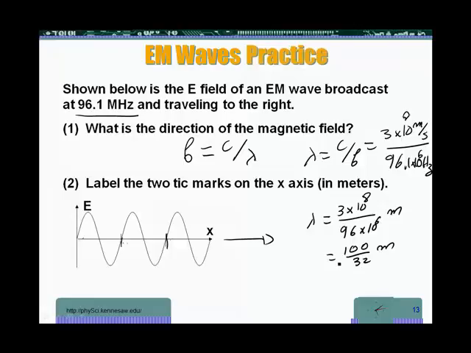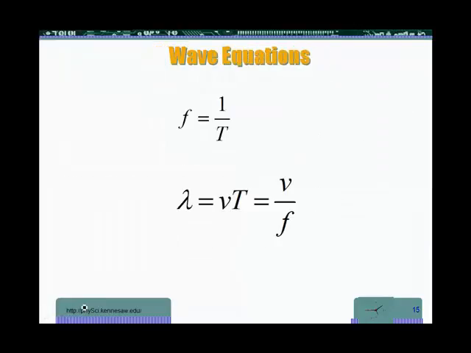That's equal to 3.125 meters. So this is going to be 3.125, and the other one, we add another period, so that's that number times 2, which is 6.25 meters. Remember, for light, like for any other wave, we still have these equations. The only difference, remember, in vacuum, this is going to be C instead of V.